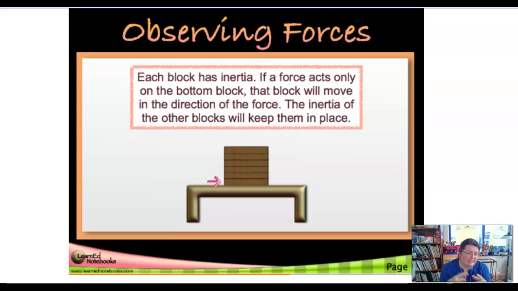So this relates back to the tablecloth trick video I showed you, where the man took the tablecloth and pulled downward on it. And when he did, the cups and plates and silverware all wanted to stay where they were. They wanted to stay in place because they had inertia.